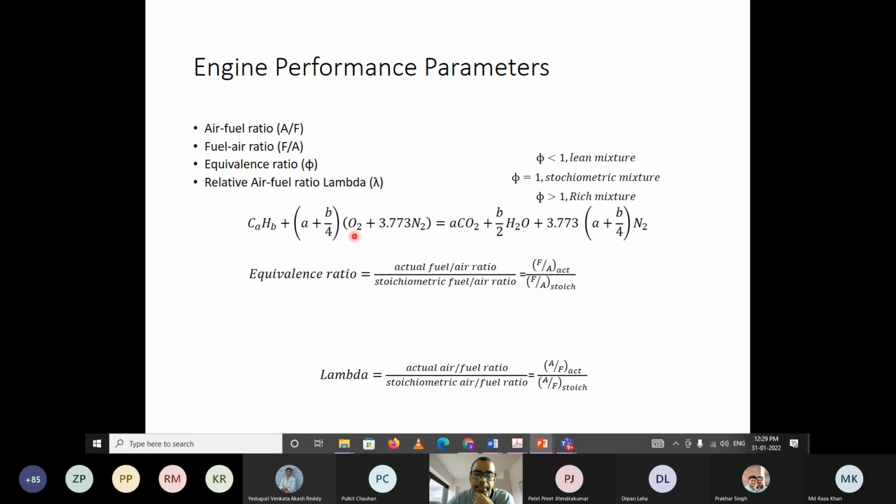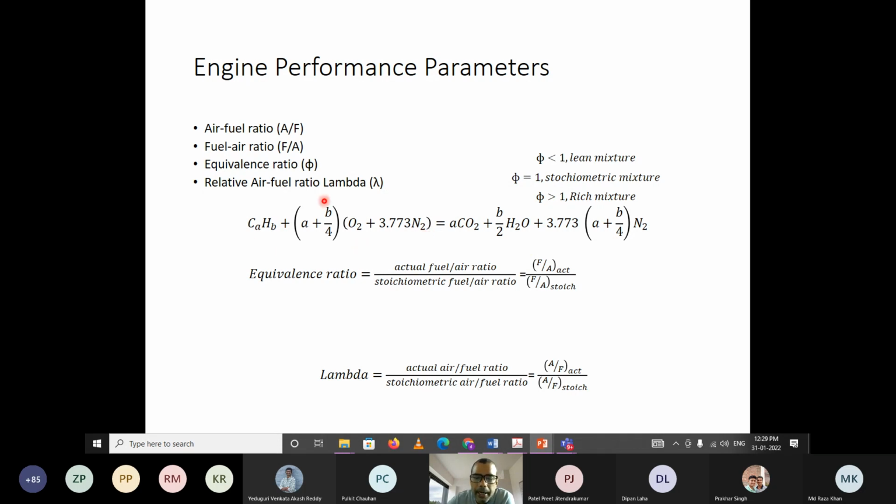Here always remember we are talking about oxygen plus nitrogen. Then it will give carbon dioxide; the products will be carbon dioxide, water and nitrogen. We are assuming that nitrogen is not participating in the combustion.